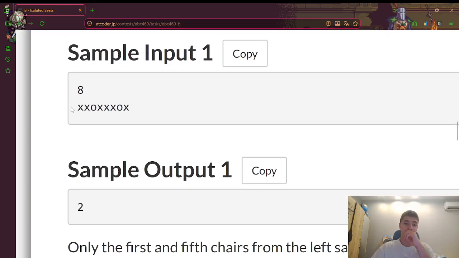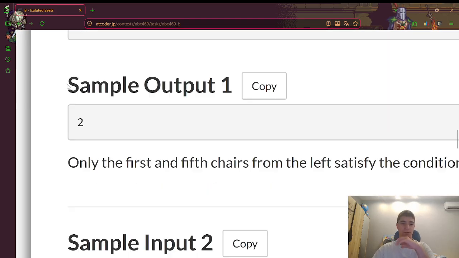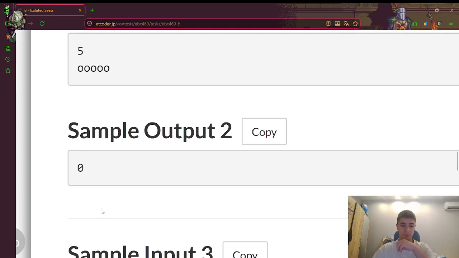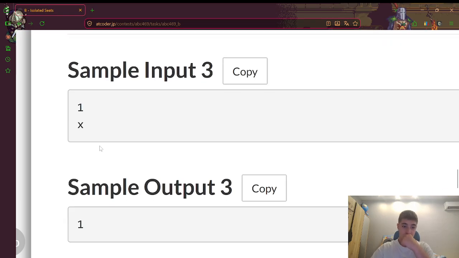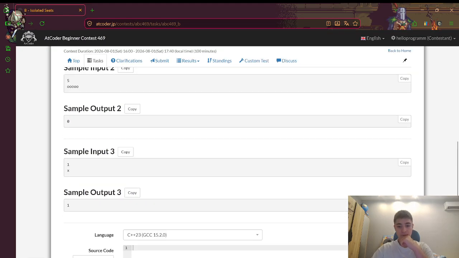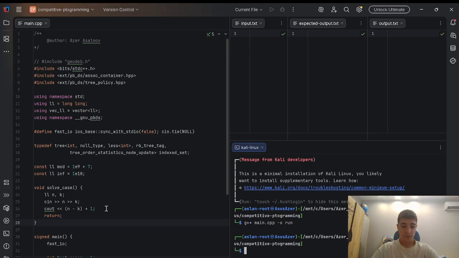But we need to mention this moment. It will be a little bit too hard to implement. So that's 0. That's 1 here. So I think so. Read n and string s.